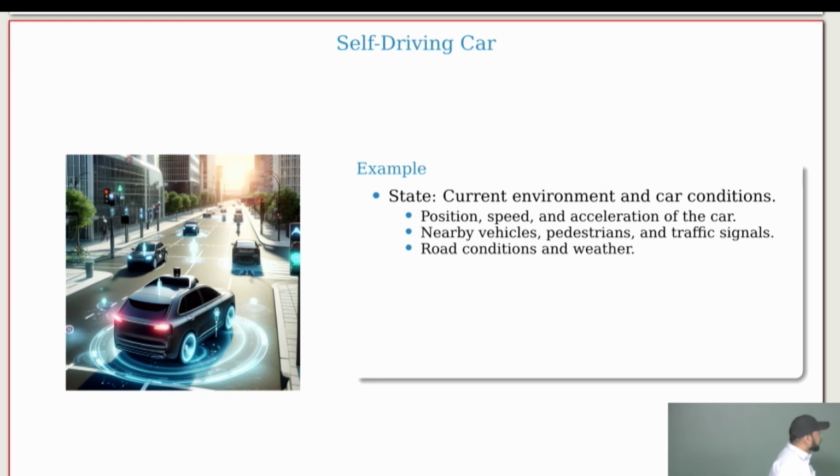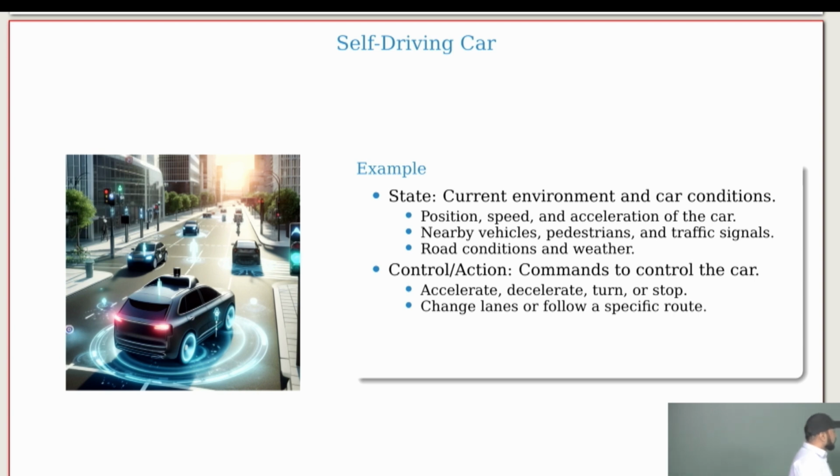In a self-driving car, the state is the current environment and the car conditions, which could be rather complicated in this case: position, speed, acceleration of the car, nearby vehicles, pedestrians, traffic signals, road conditions, and weather. So the state could be fairly complex in this case, right?